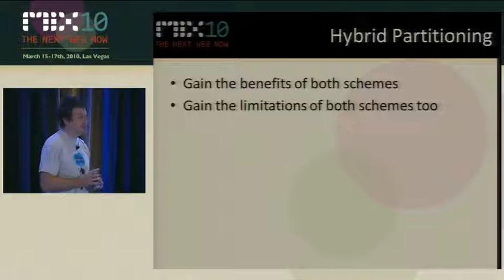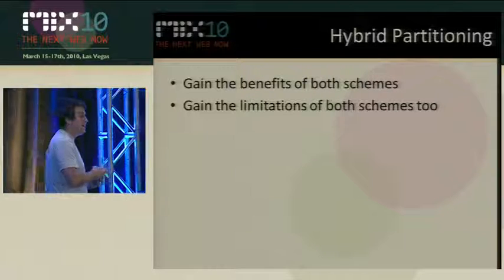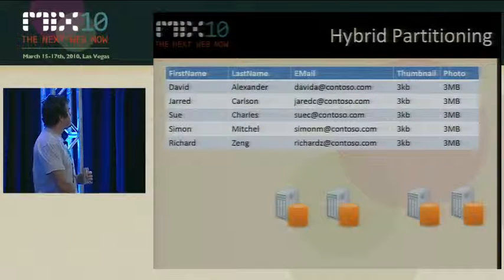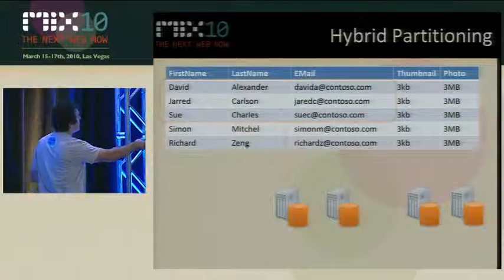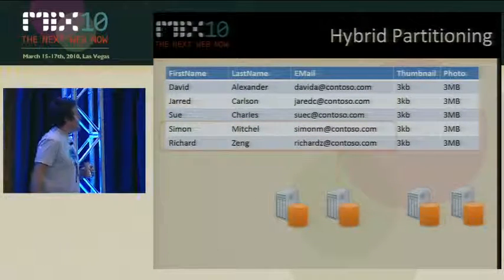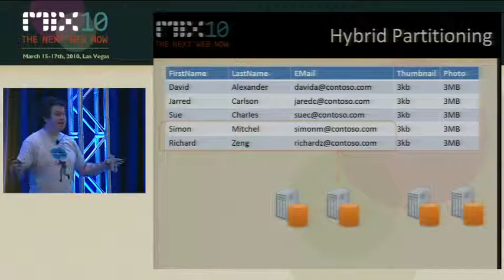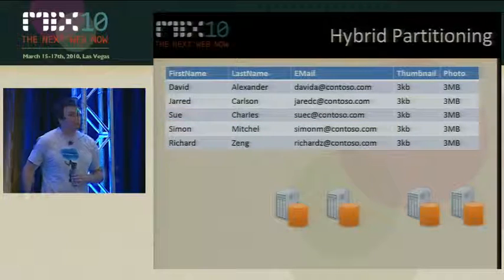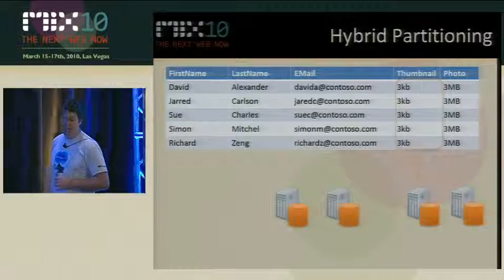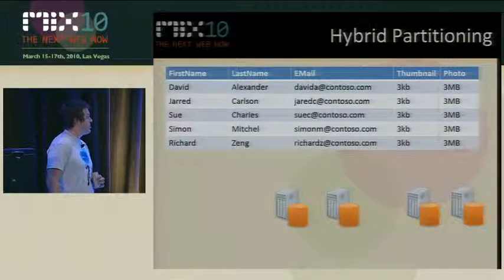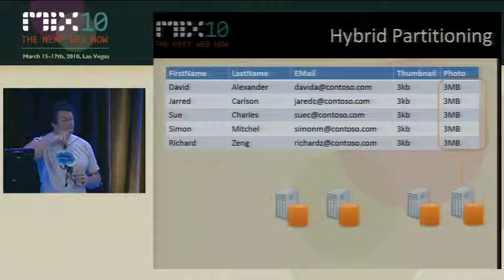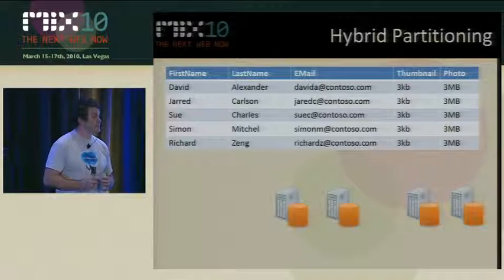So hybrid partitioning is both vertically partitioning and horizontally partitioning at the same time. So what might we be doing there? We may be saying, well, we'll actually horizontally partition our data into an array of SQL Azure databases, and then we'll vertically partition the data as well into some cheap Azure storage.